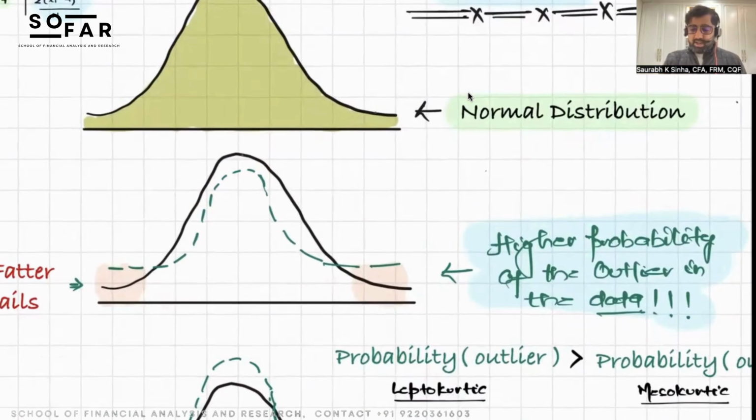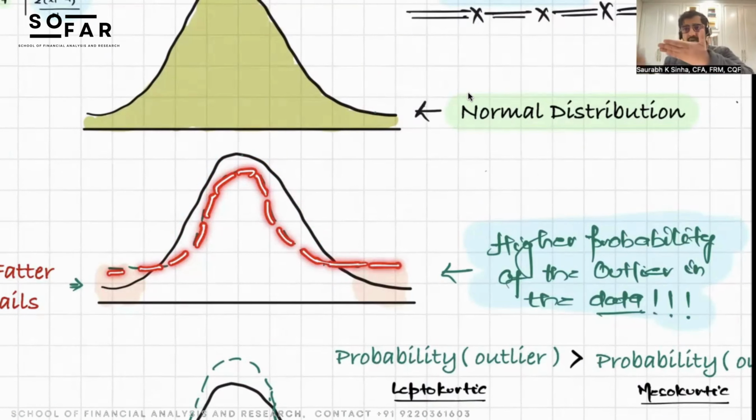So again, this curve is normally distributed. And I have a distribution, which is this distribution. It was given to me. What I'll do is put this distribution on the normal distribution and try to compare the tails only.